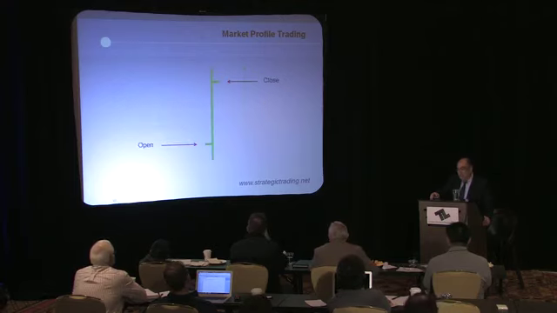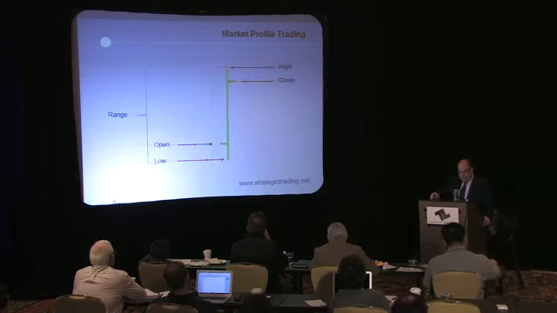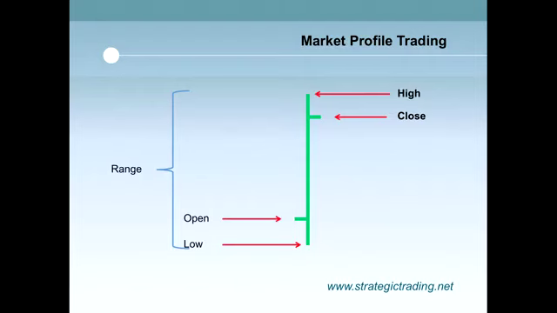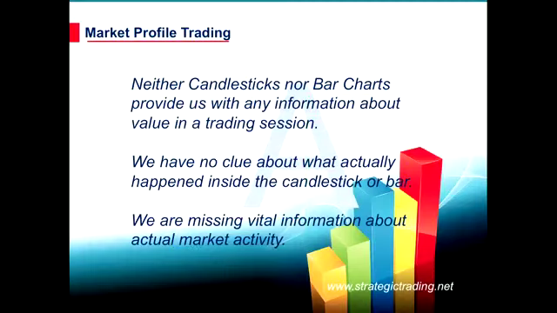Hopefully you all know where the open is and where the close is for a bar, the low, the high, and of course the range, all very basic things. So neither candlesticks nor bar charts provide us with any information about value in any given trading session. We have no clue about what actually happened inside the candlestick or a bar. We are missing vital information about actual market activity.